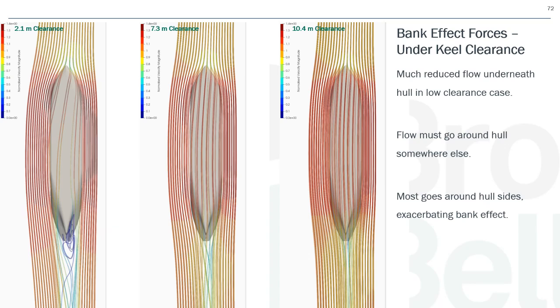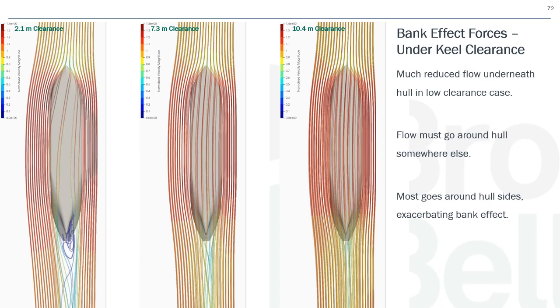and you can see that in the far left is 2.1, and you compare that to the 7.3 in the middle. You can see that there's very few streamlines actually going underneath the keel, and that's because there's just a far smaller gap there. Flow can't get in there to go through. So if it can't go through underneath the hull, it has to go somewhere else. And what happens is it largely goes around the sides of the vessel.